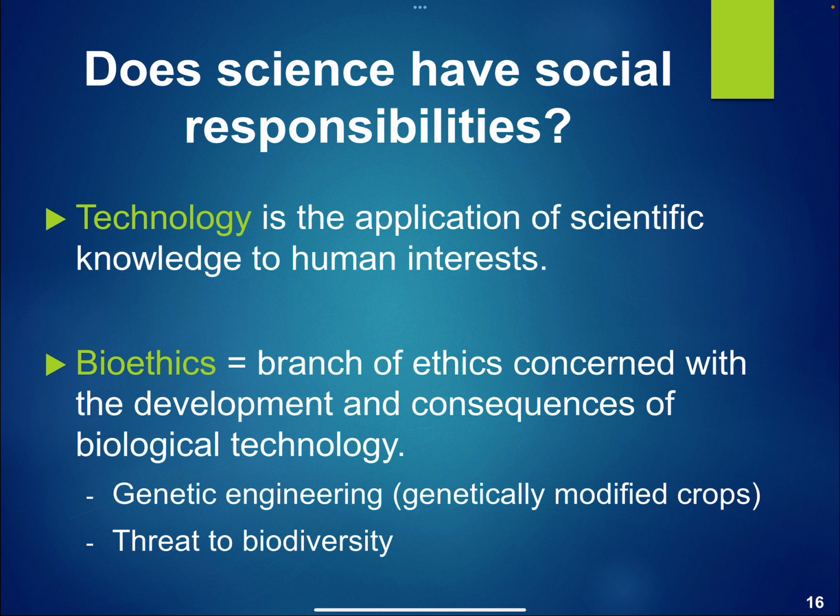We know that because of all the knowledge that we are acquiring, we are developing new technology. So technology is the application of scientific knowledge for the good of humans. However, we have to be aware of the downside of applying technology, which raises questions of bioethics.